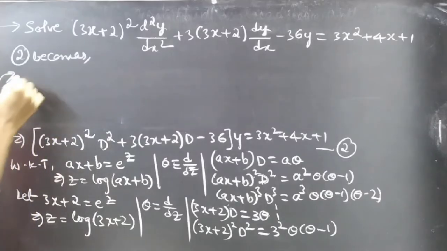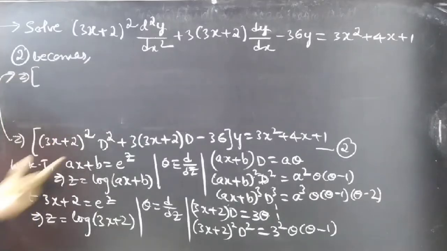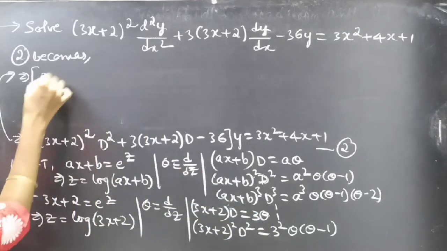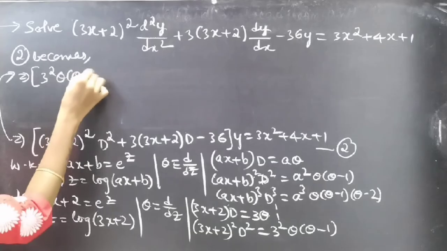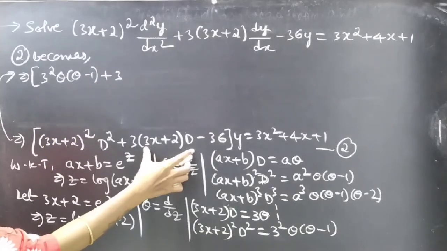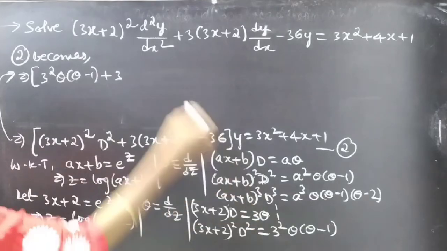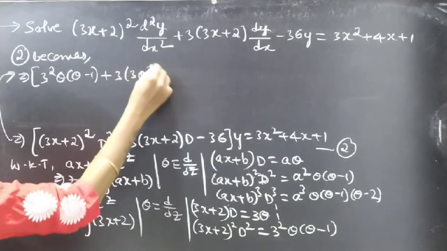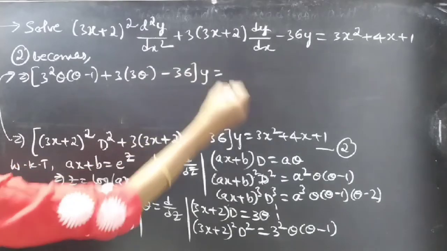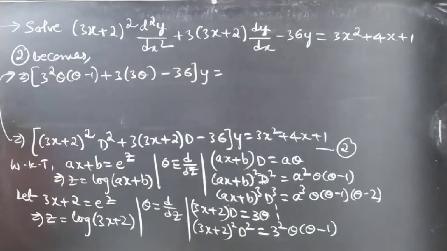this becomes [(3x+2)² D² replaced by 3² theta(theta−1) + 3 into (3x+2) D replaced by 3 theta − 36] y = 3x² + 4x + 1, right?